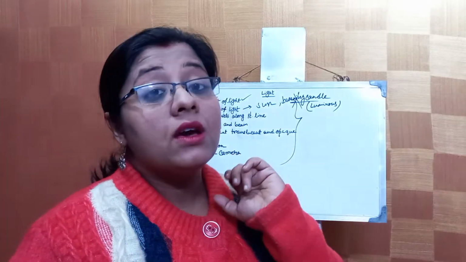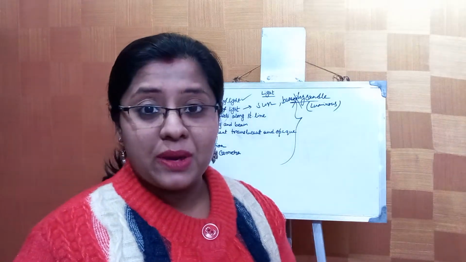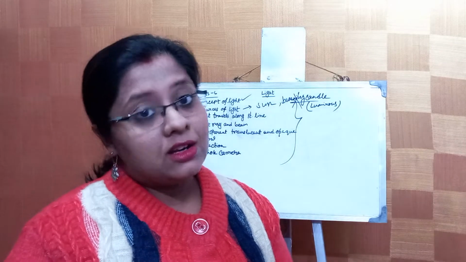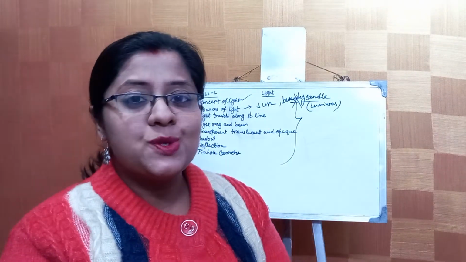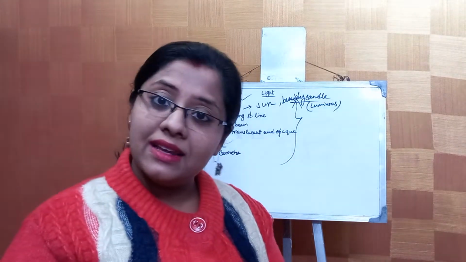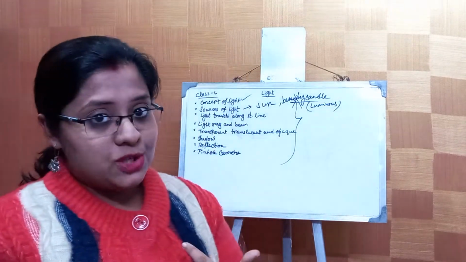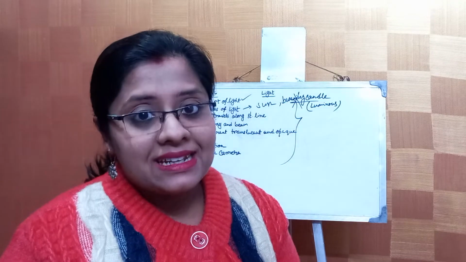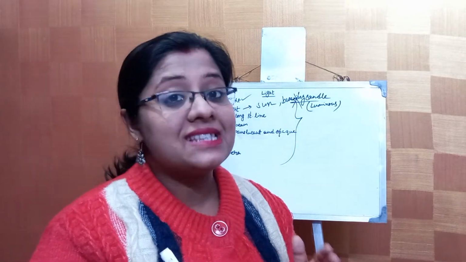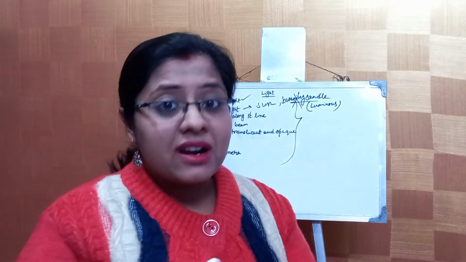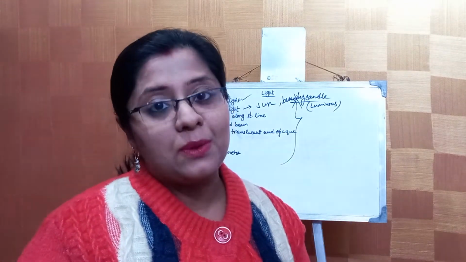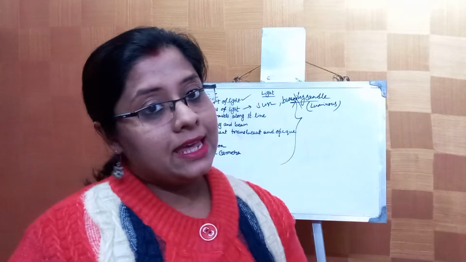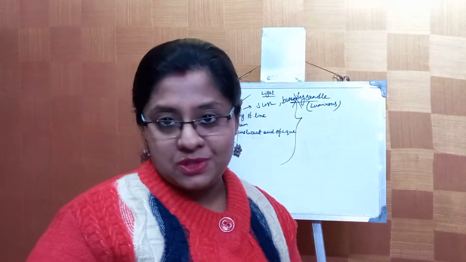But if I say burning of wood, burning of paper, definitely they are luminous object. So from here, the difference between luminous and non-luminous is clear. Luminous means the object which emits light. These are luminous, like sun, star, and other burning things. But the objects that are not capable to emit the light are called non-luminous objects.